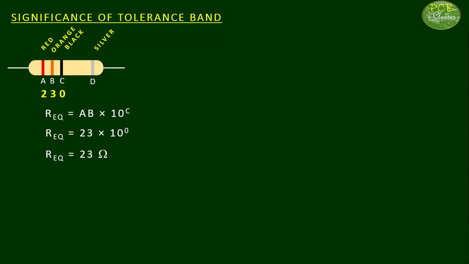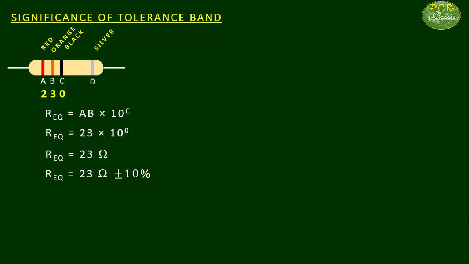What does it mean? It means that whatever resistance value we get from the first 3 codes, that is 23 ohm, will be added to or deducted by 10%, which indicates the range of the resistance in which it will be operating.